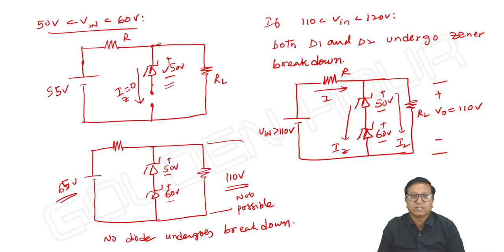Okay, this is the idea. So it's not possible for only one Zener diode to undergo breakdown, even though the input exceeds the breakdown voltage of any of the individual diodes.